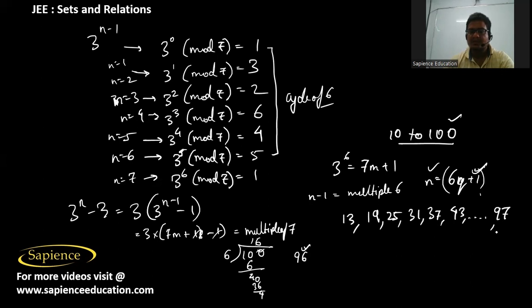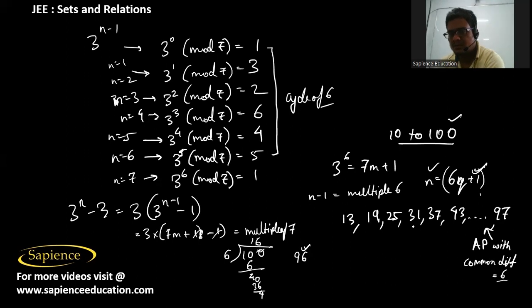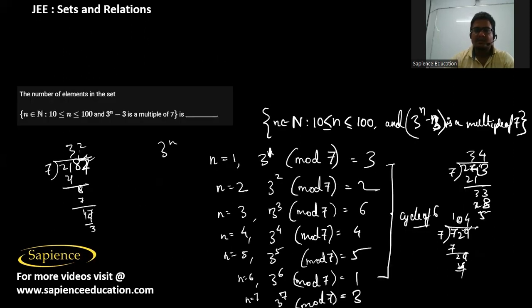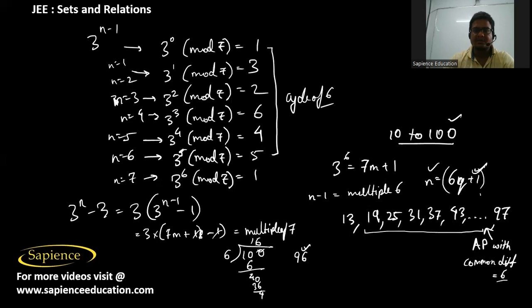So from 13 to 97, it is an AP with common difference 6, where the first term is 13 and the last term is 97. How many terms are there, that we have to find out, since those many elements will be in the set.